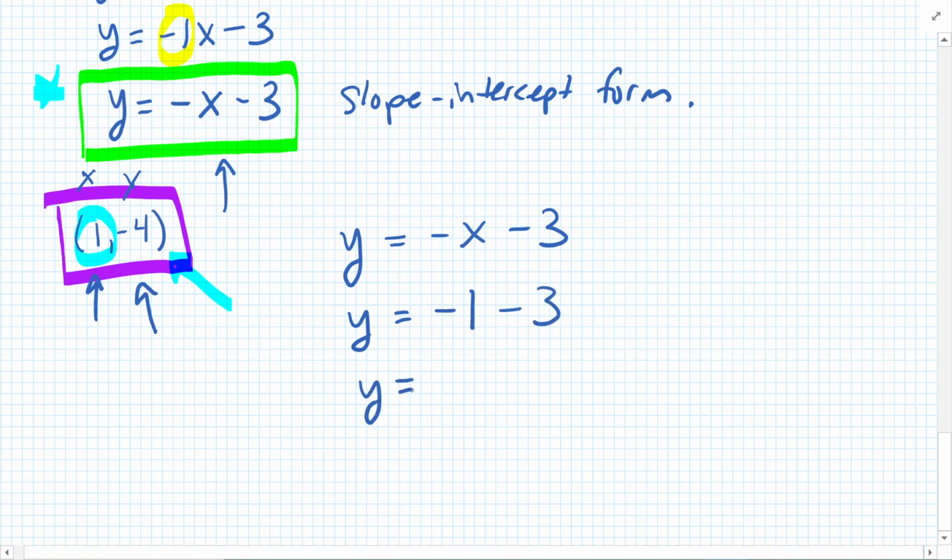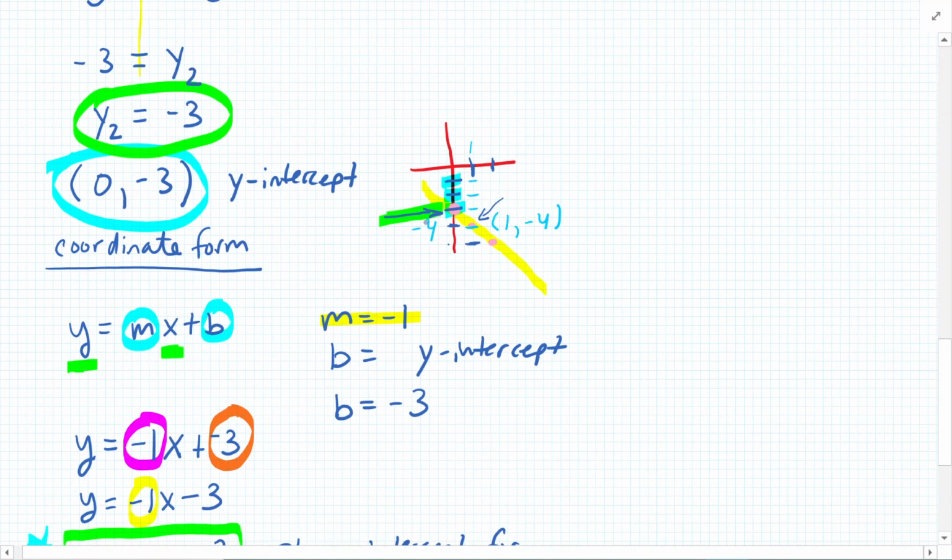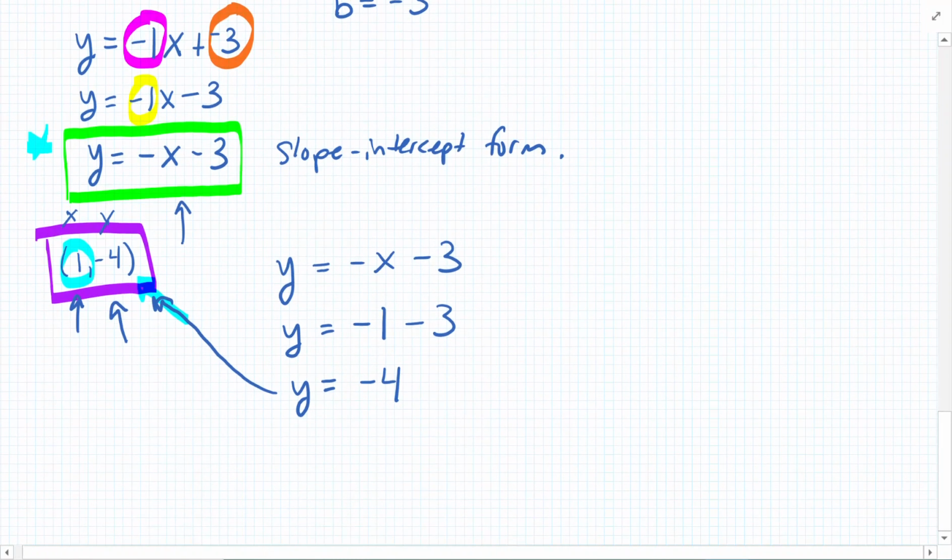What does that add up to be? -1 minus 3 is -4. Does that check out? It does. That tells us that we've done good math and our results are accurate. Not only have we verified that with some points and a graph, but we also have verified that algebraically by substituting back into the formula we created.